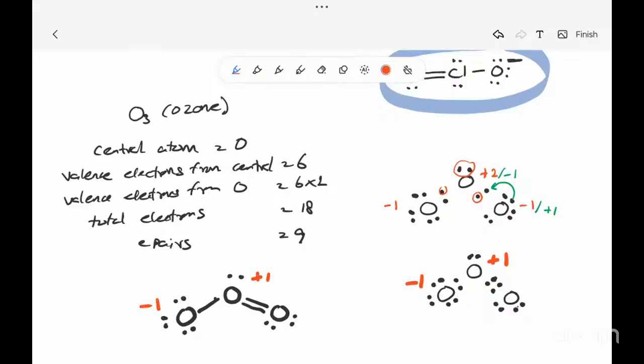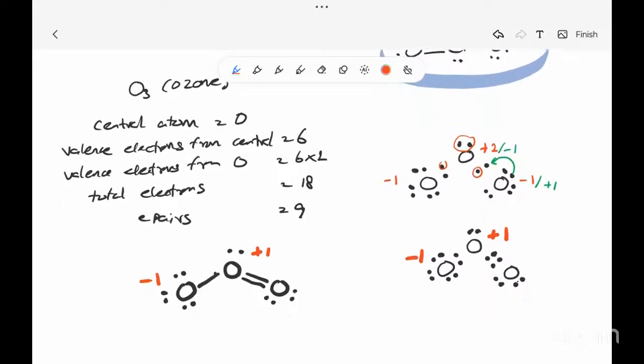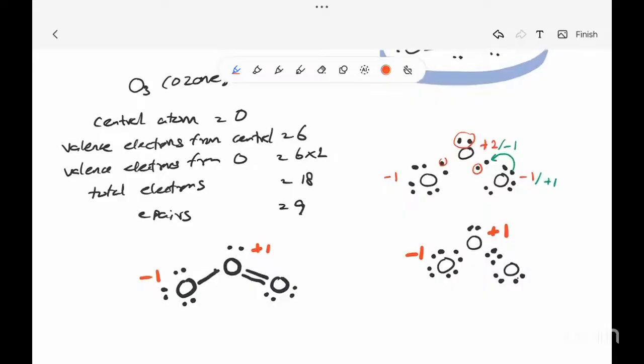This is the structure for ozone. We have overcome the octet rule compared to the formal charge thing. Formal charge has been deprioritized to fulfill the electron octet.